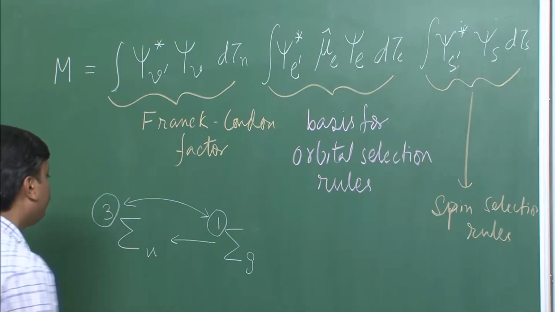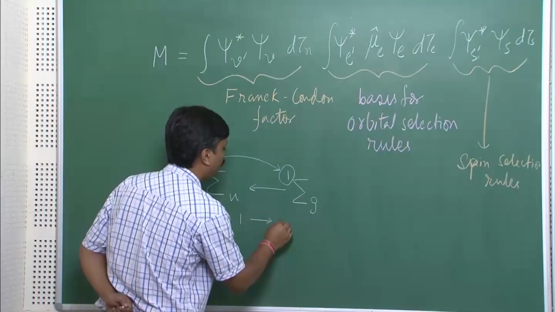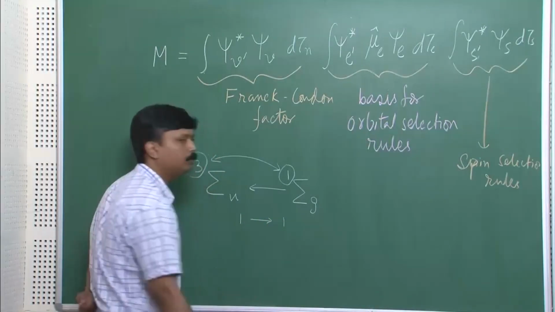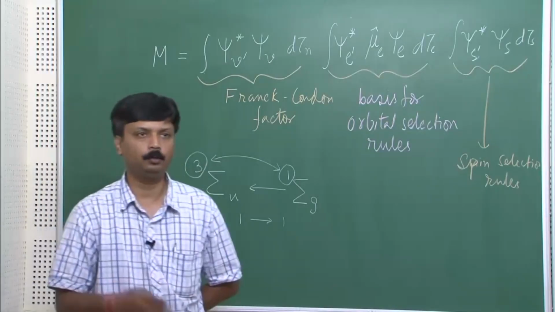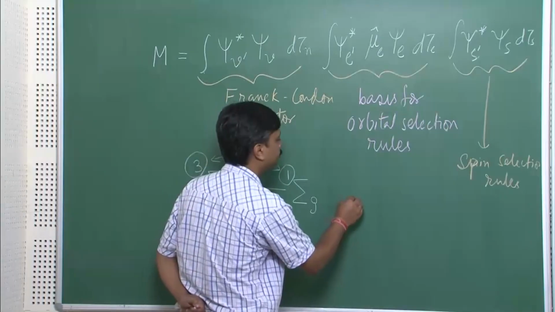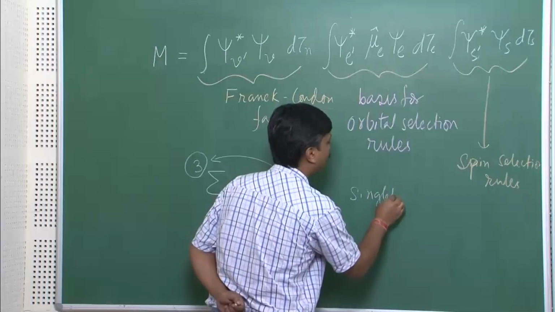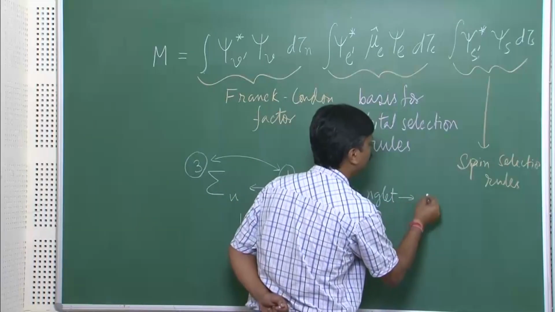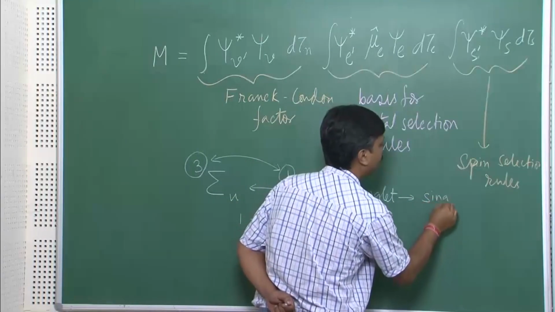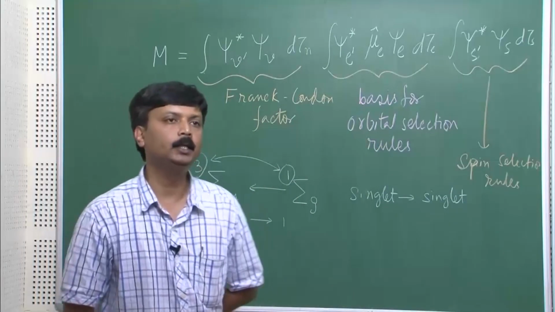So a case where spin multiplicity goes from 1 to 1 is allowed. If I have a singlet state, I can have a transition to a singlet state, having spin equal to 0, so spin multiplicity is 1.